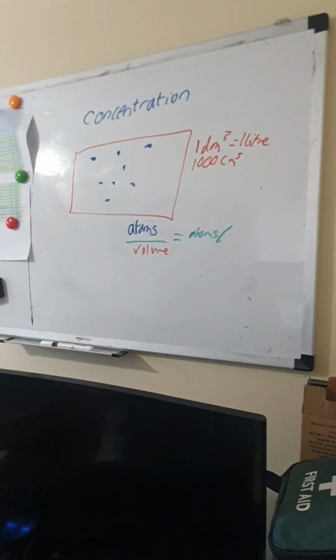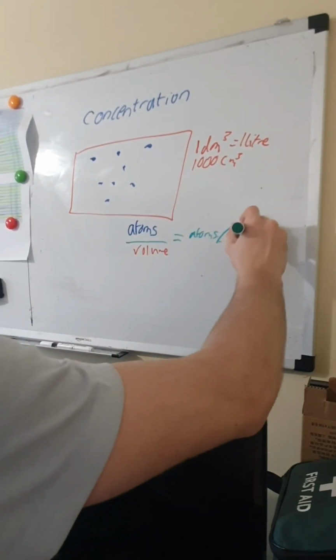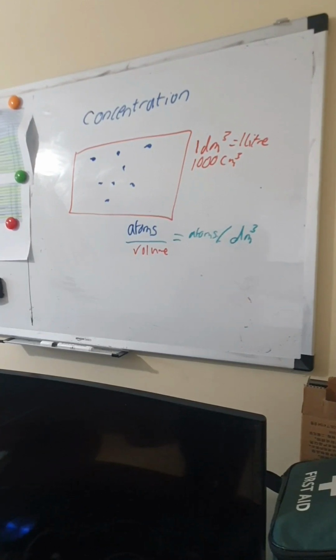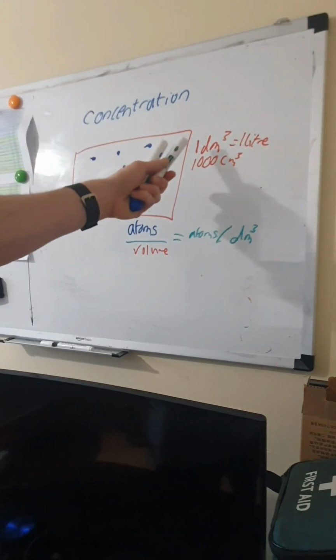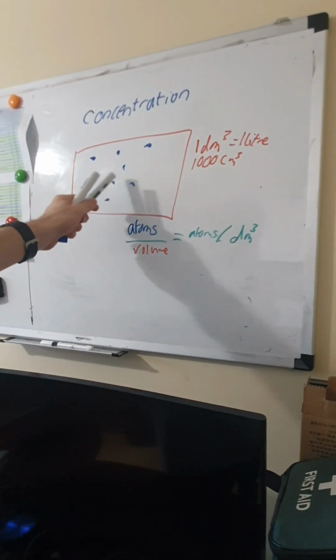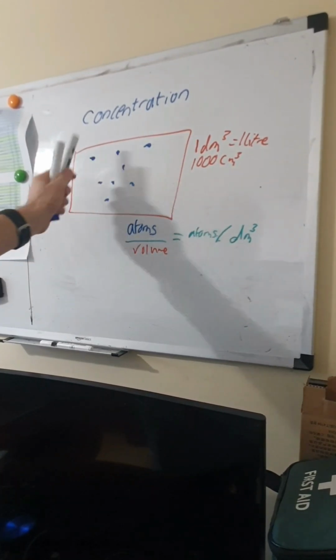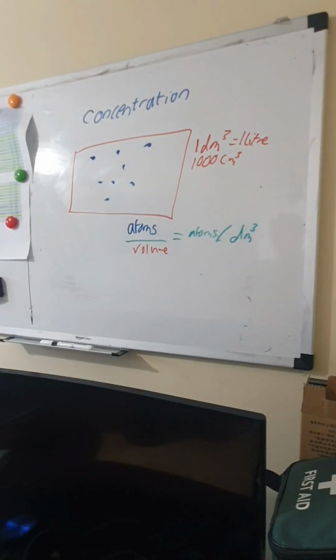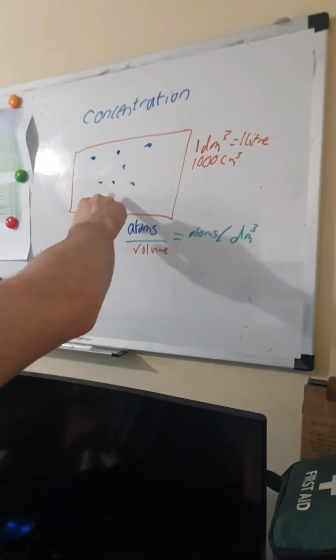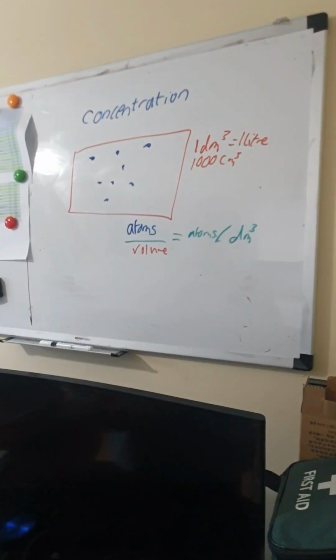per decimeter cubed. So, let's say that we have 1 decimeter cubed here, and we have this many atoms. We have 1, 2, 3, 4, 5, 6, 7, 8 sodium chloride atoms. So we've got 8 per 1 decimeter cubed.